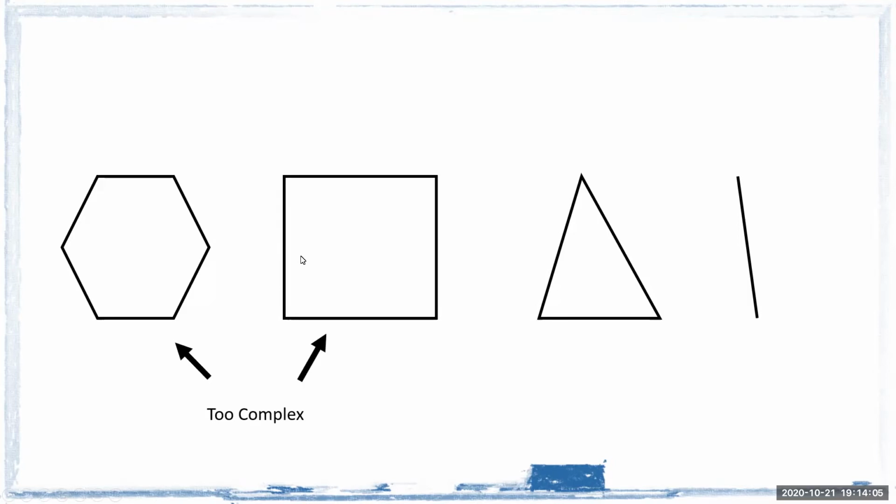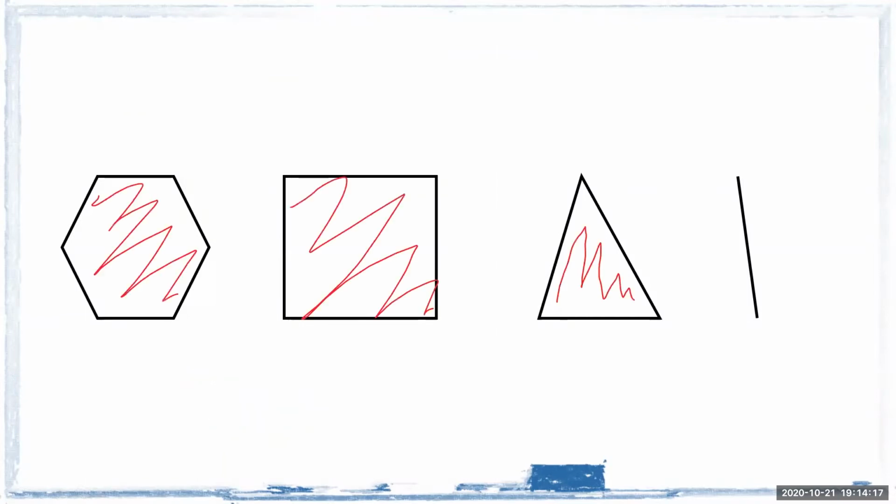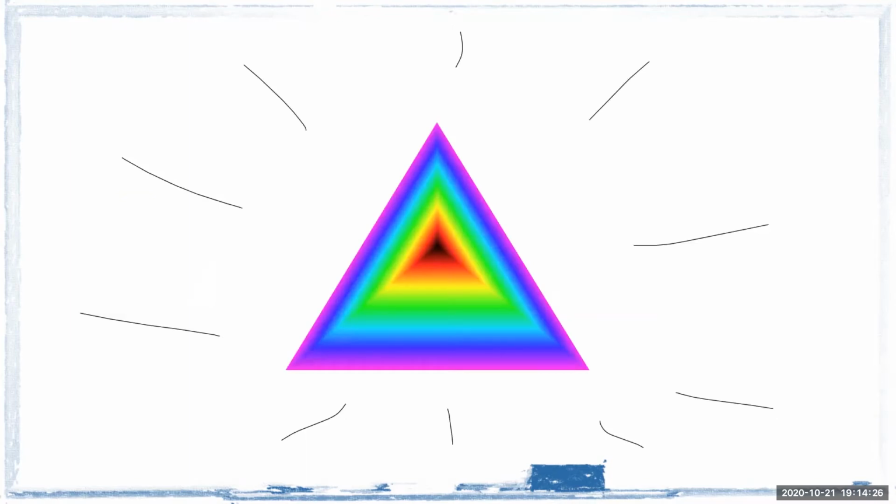And these are too complex because 3 points is the least amount of points that you need to describe a plane in 3D space, right? And so as you can see here, the line is too simple. So instead, we use triangles.